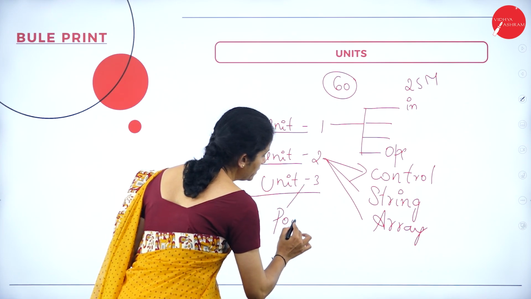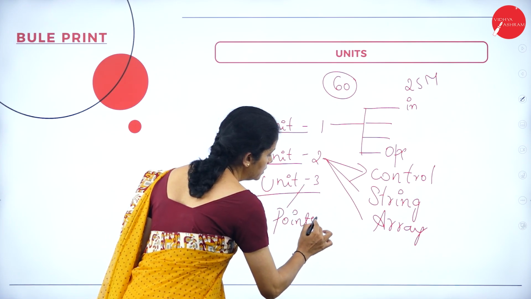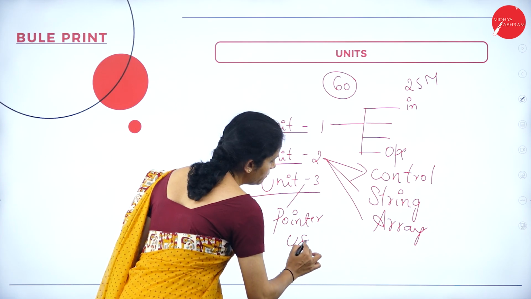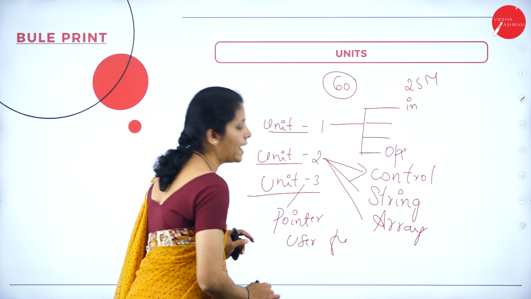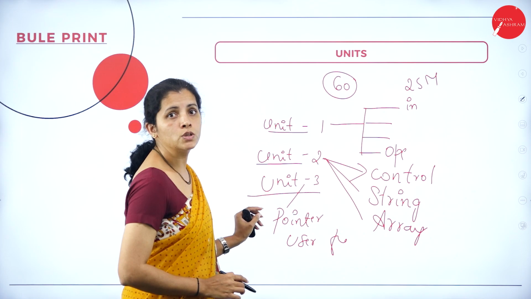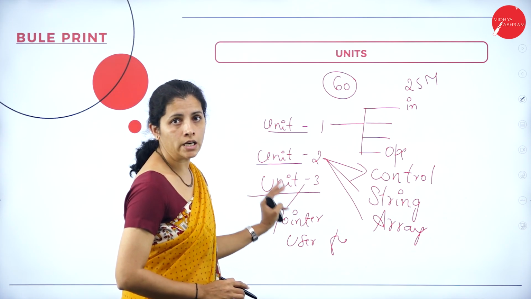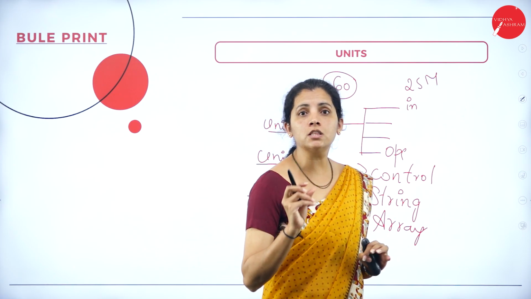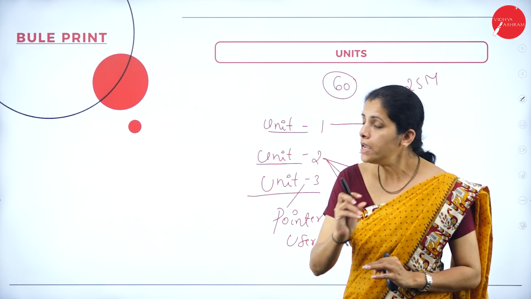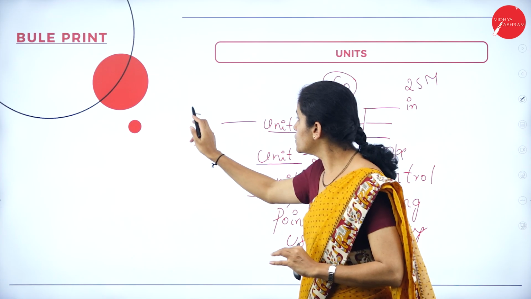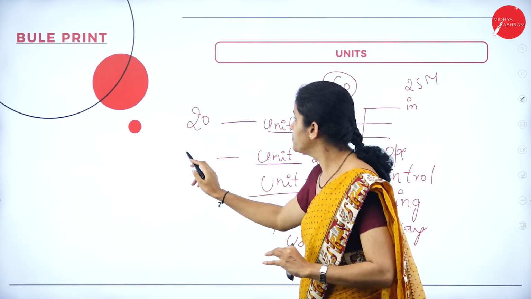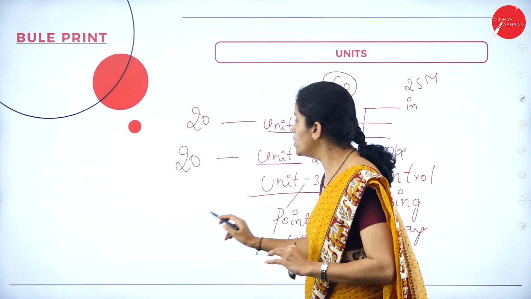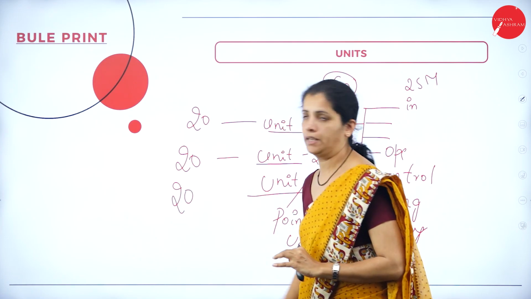One is pointer, the second is user defined function, and the third is user defined data types. If I consider all 3 units, each unit carries 20 marks, so each unit has the same weightage.